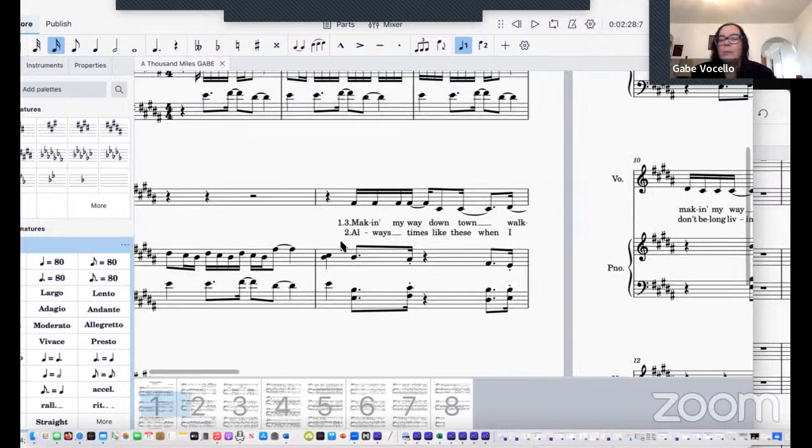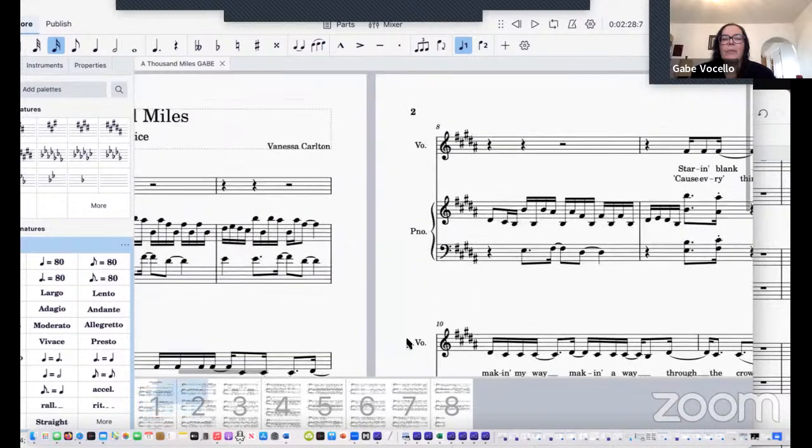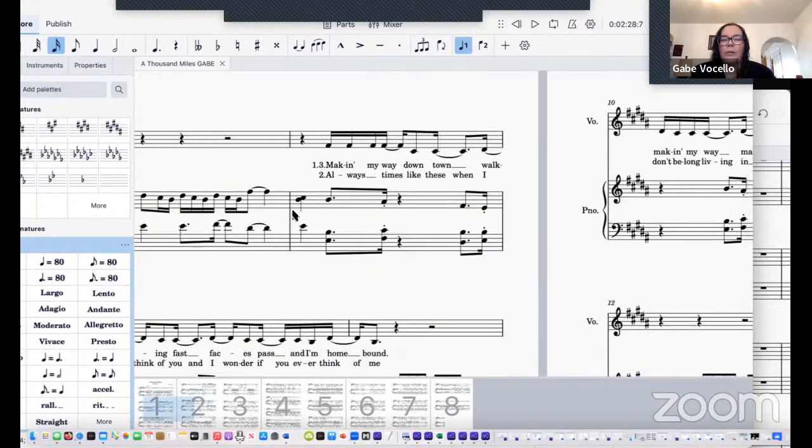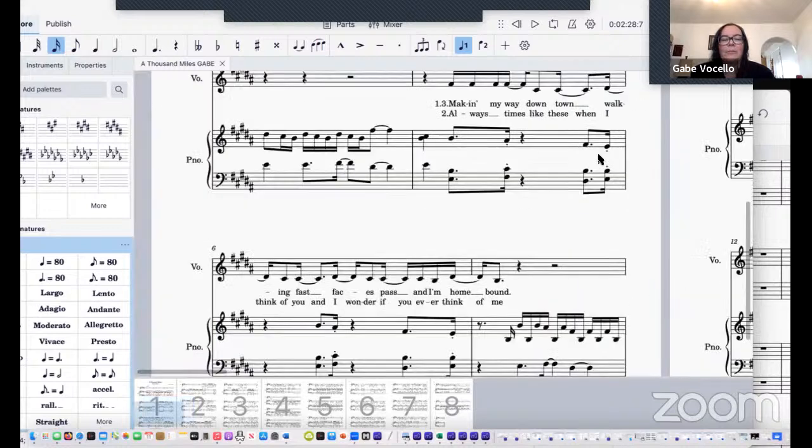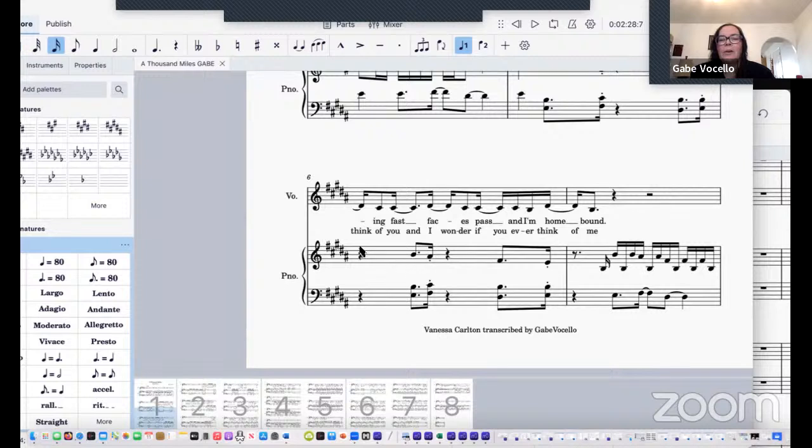The next one on the piano accompaniment: quarter note, dotted 8th note, 16th, quarter rest, dotted quarter note, and 8th note.